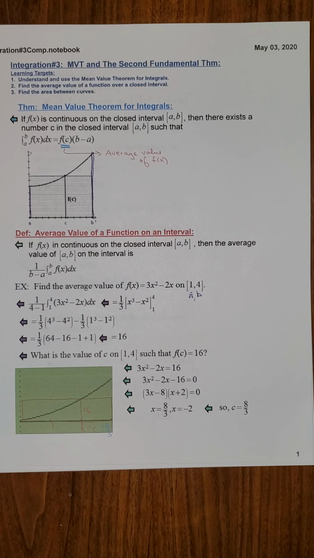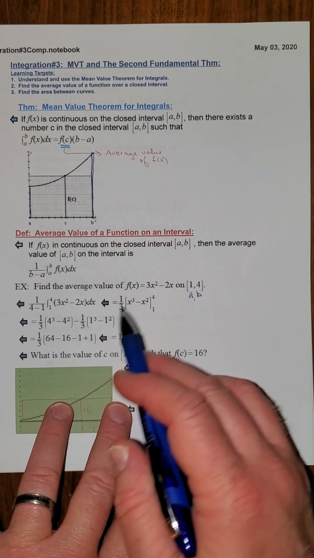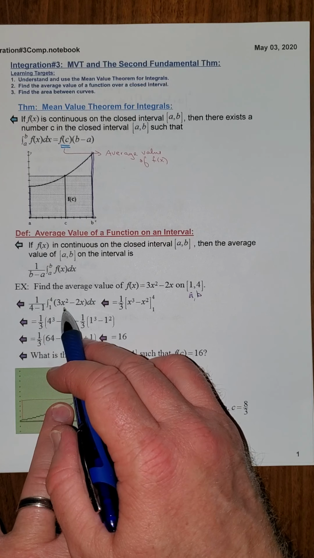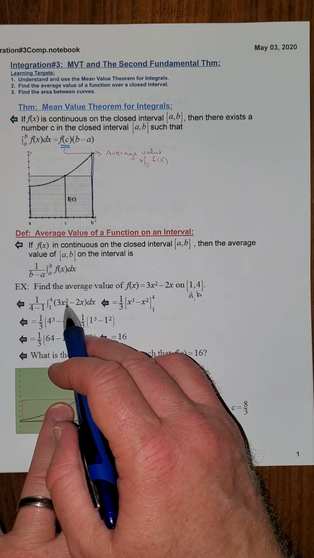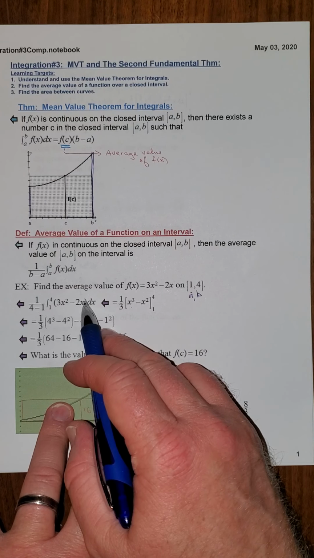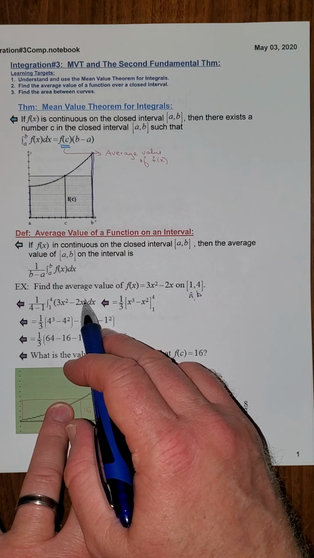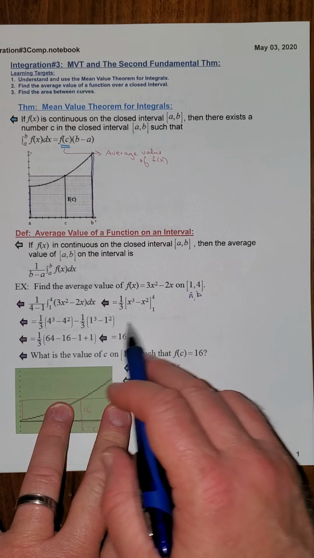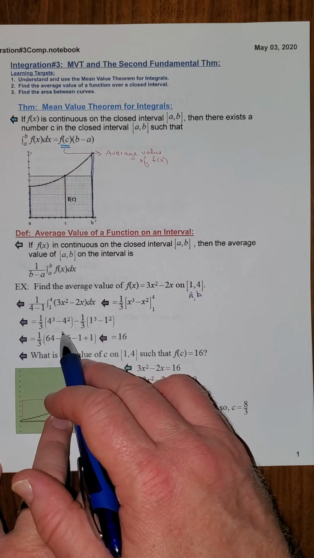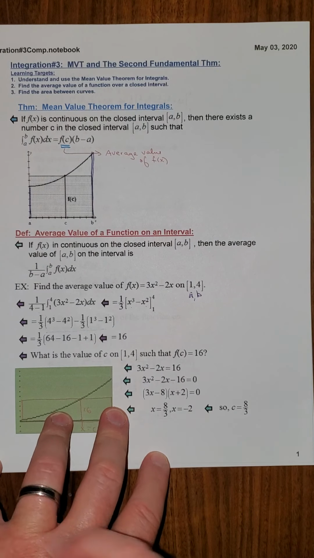Now, what I always tell my calculus classes, and you guys are going to see this next year as well, I have to see that antiderivative. This is 1 over 3, do a power rule, add 1 to the exponent, divide by the exponent, I would get x cubed. Add 1 to the exponent, which would be 2, divide by the 2, you'll get minus x squared. Now, this step right here is the first fundamental theorem, which we talked about in the previous lesson.